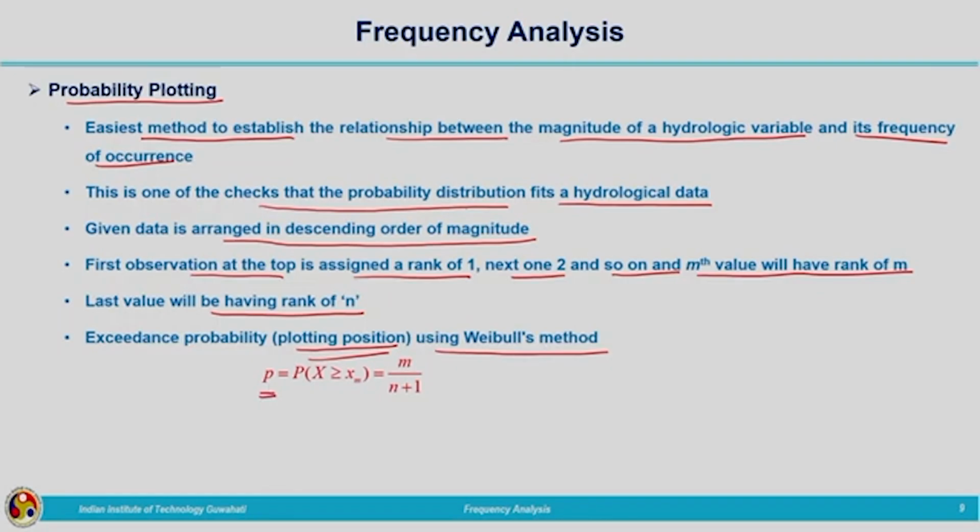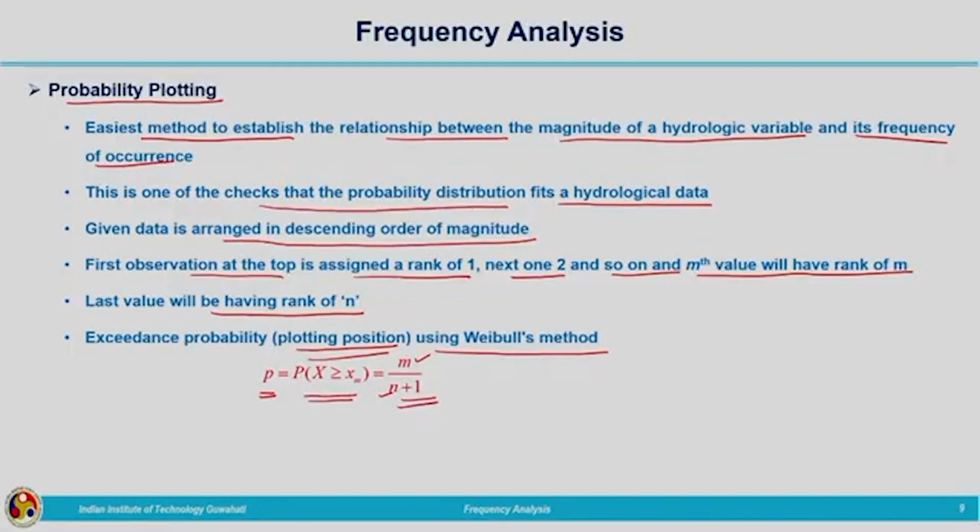Exceedance probability p is equal to capital P of x greater than or equal to xm, which is equal to m divided by n plus 1. m is the rank of the mth value and n is the total number of data present in the data series. By using Weibull's method, we can compute the plotting position corresponding to a particular data.